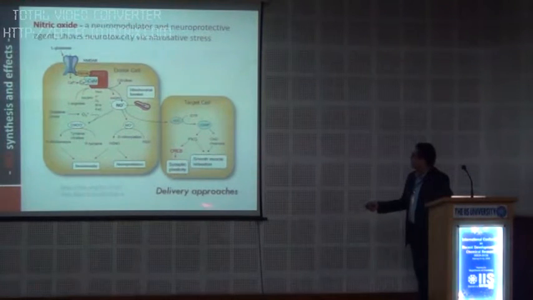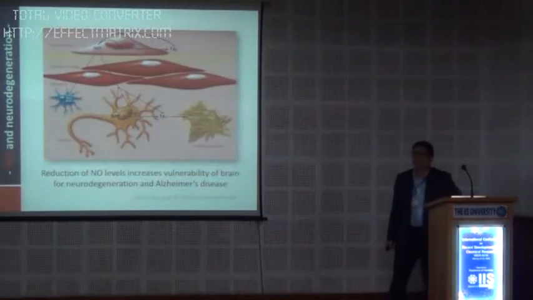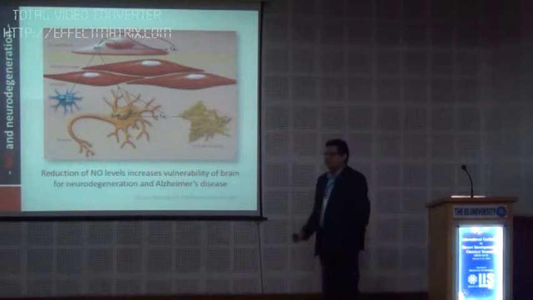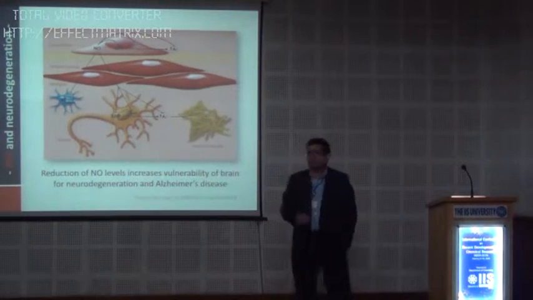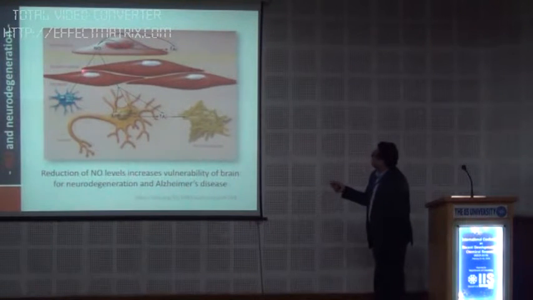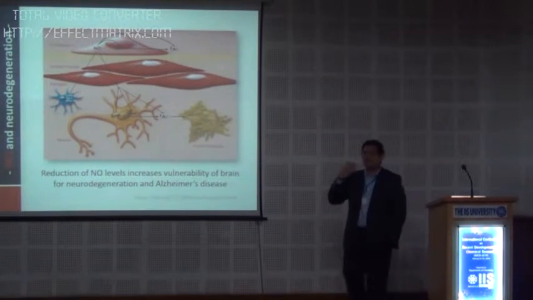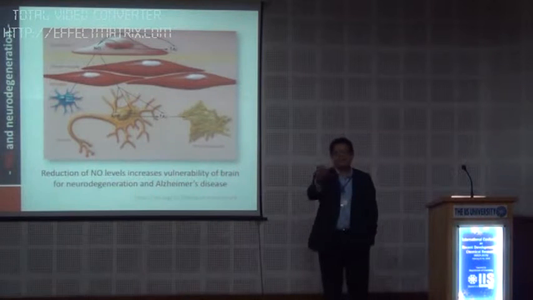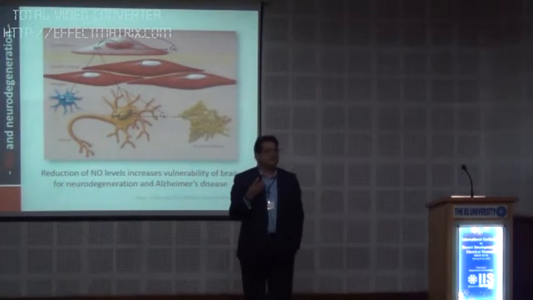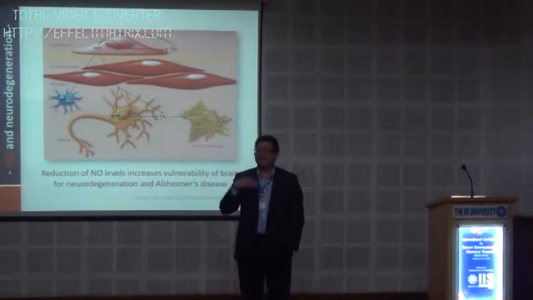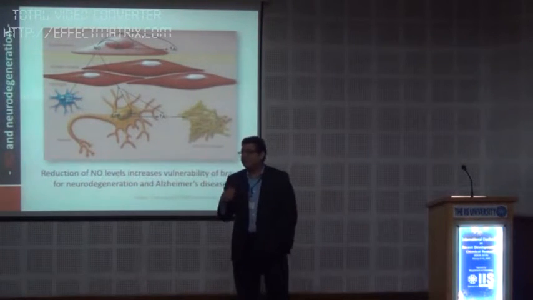So we would like to look at the delivery approaches. But why is it important? Especially in the context I'm going to talk about, where you are delivering this gas to a neuron. When we are at the age of the students, our long-term potentiation, our ability to retain concepts and memory, is very high.